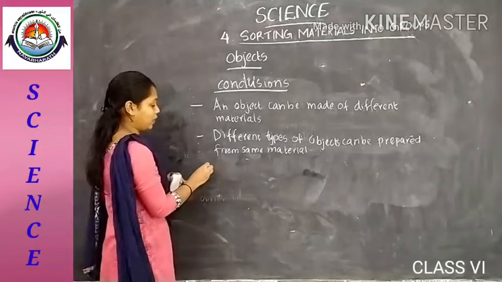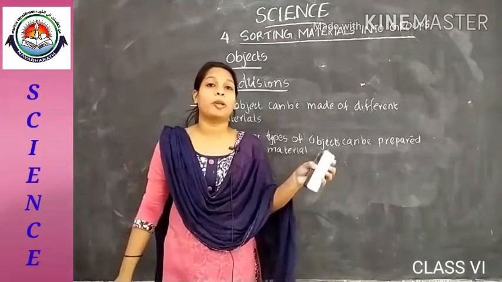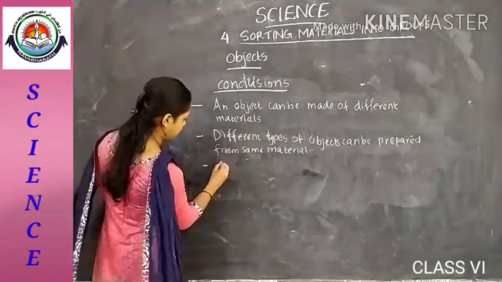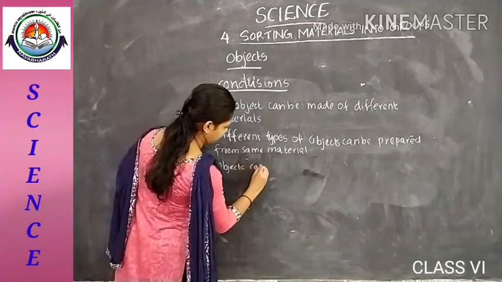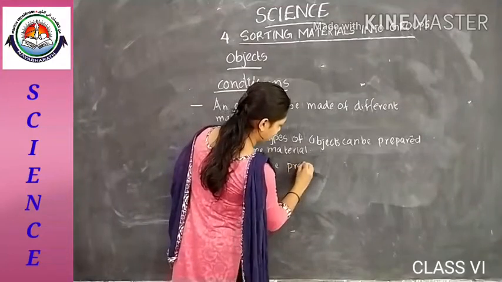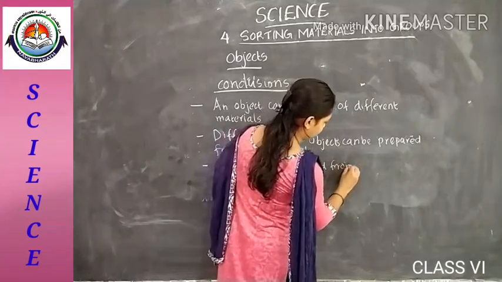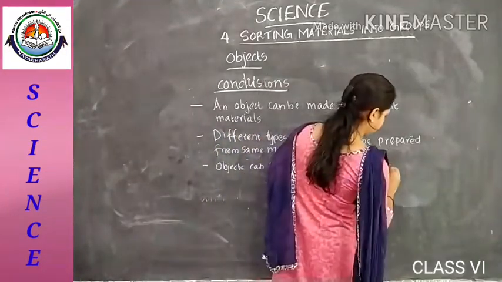Okay, and the third one is combination. The objects can be prepared from the combination of materials.